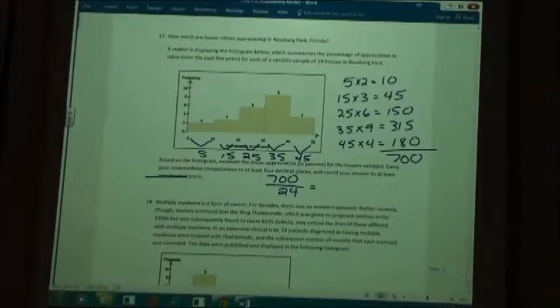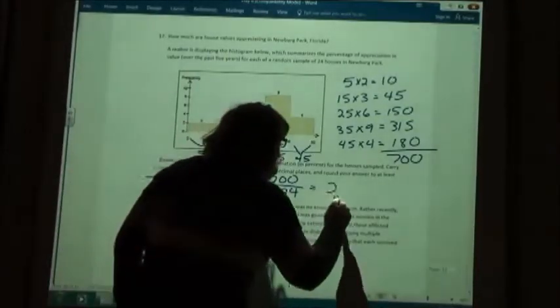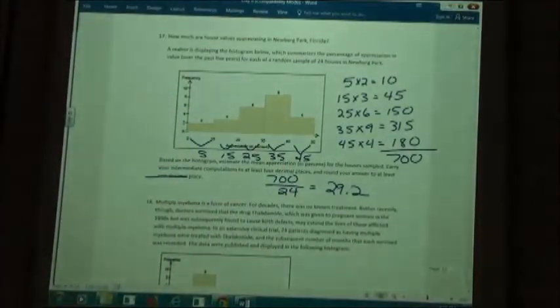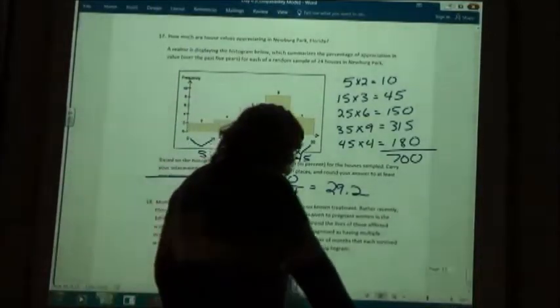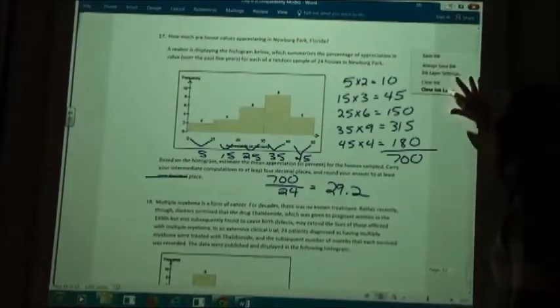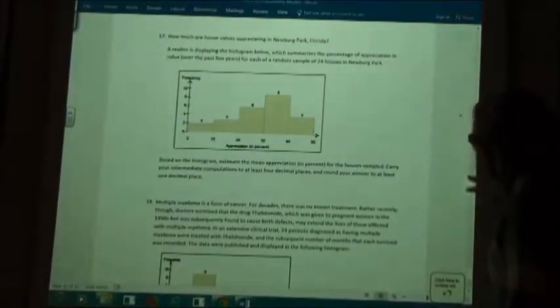So if I divide that out, I would round that off to 29.2. 29.2% would be my average appreciation value for my house.